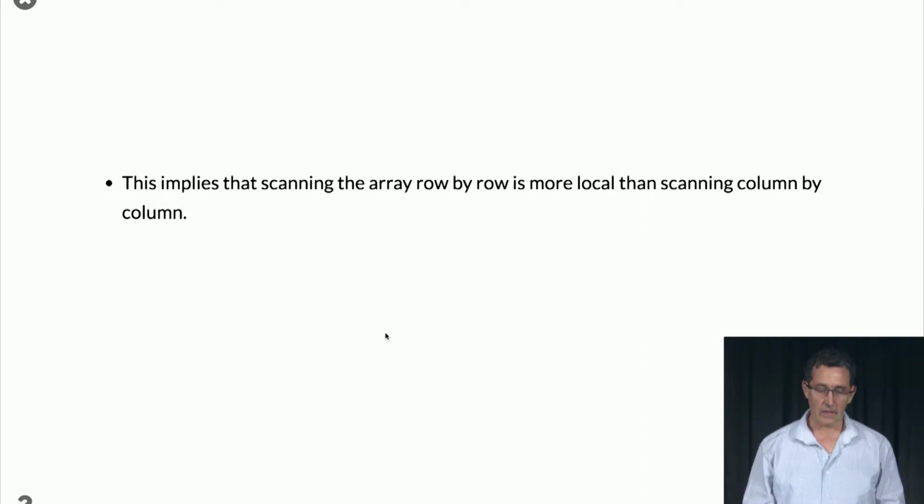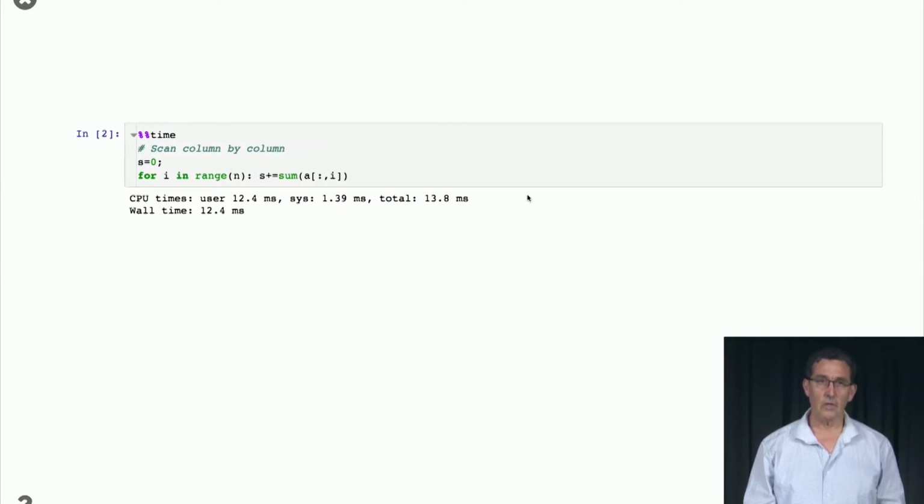So this implies that if you scan the array row by row, you have more local access and it'll run faster than if you access it column by column.